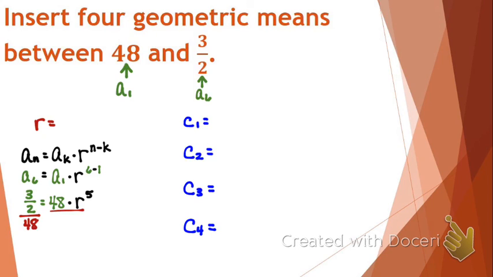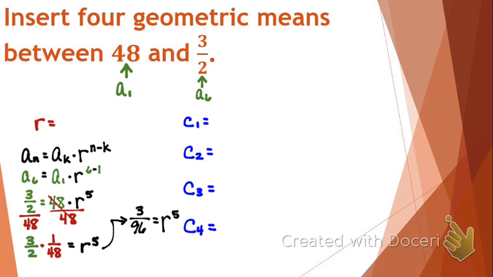I divide both sides by 48. That is 3 over 2 times 1 over 48. So I have 3 over 96 equals r to the 5th.